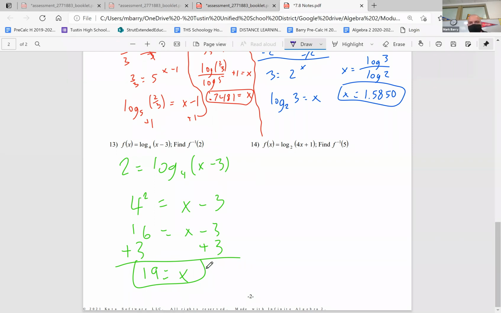All right, number 14 now. So once again, now we got the 5 in there. We'll plug in 5 for y since that's in an inverse.